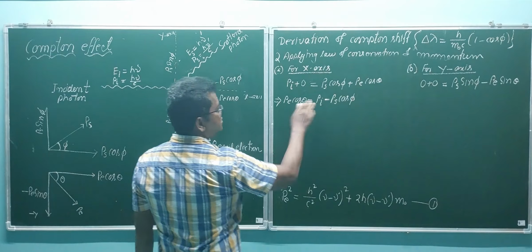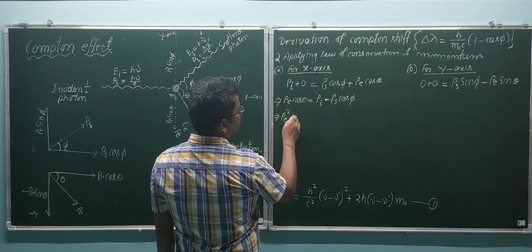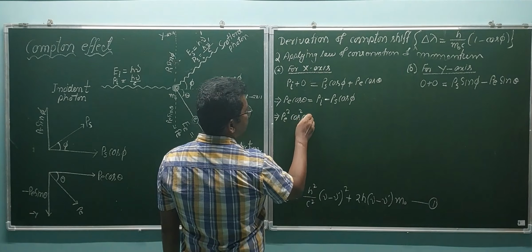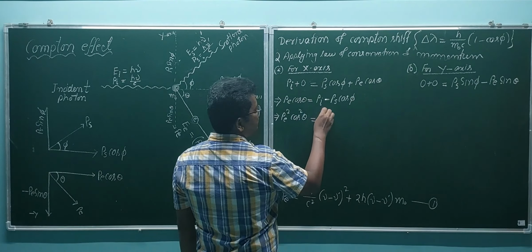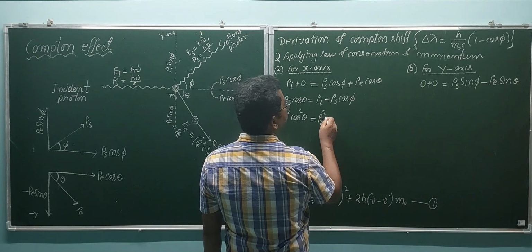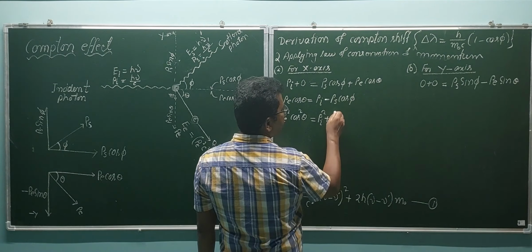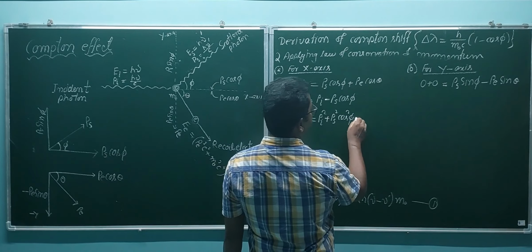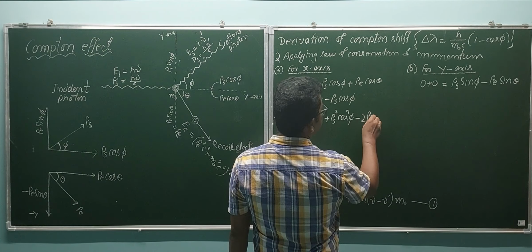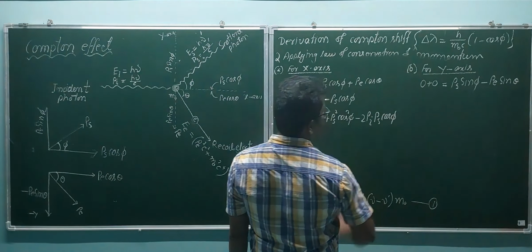Now squaring both sides. pe square cos square theta equals pi square plus ps square cos square phi minus twice pi ps cos phi.